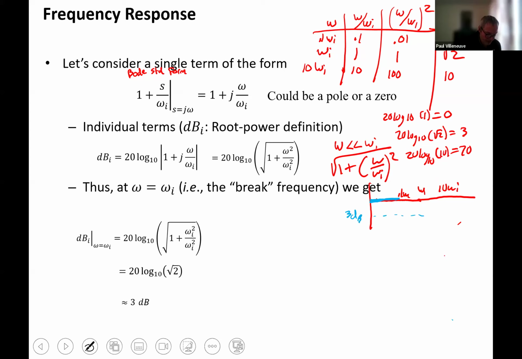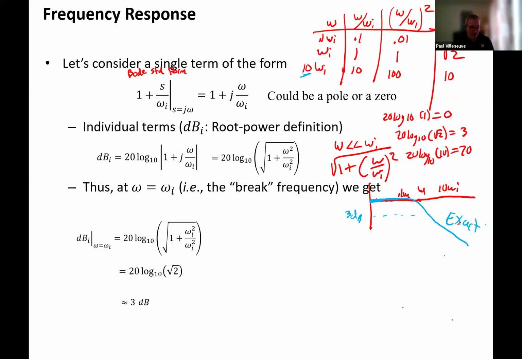And then once I get to 10 omega sub I, it looks like it's just going to be equal to taking 20 log 10 of whatever that frequency is. So what ends up happening is I'm going to assume that this is a pole and it ramps down like this. It kind of does one of these and then it kind of peels off from there. So this is the exact Bode plot.